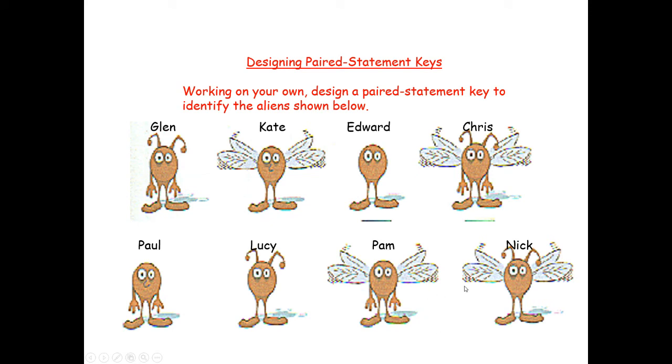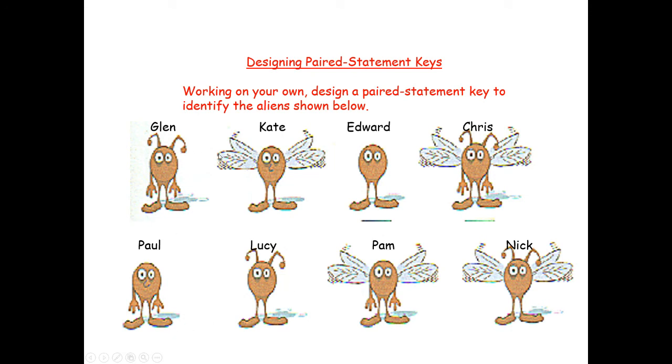Has no antennae, we'll ignore that for just now. Under question 3, I would put has hands, Chris, has no hands, Nick. We would then go back one and say it would be go to 5. Under question 5, we have the winged ones, and I would still use has hands, Pam, has no hands, Kate.